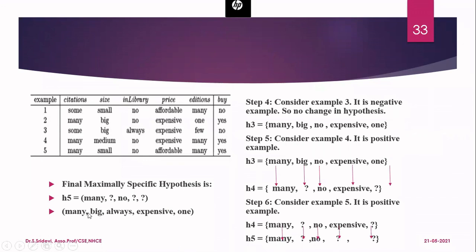In the second parameter, I am giving big. According to the hypothesis, it can accept any value, so no problem, it is correct. In the third parameter, according to the hypothesis, I have no. That means the library should have no. I will buy a book only when it is not in my library. But here I am saying that always I am buying the book. That means it is a negative example. So you will find the answer for this as no when you run the algorithm.